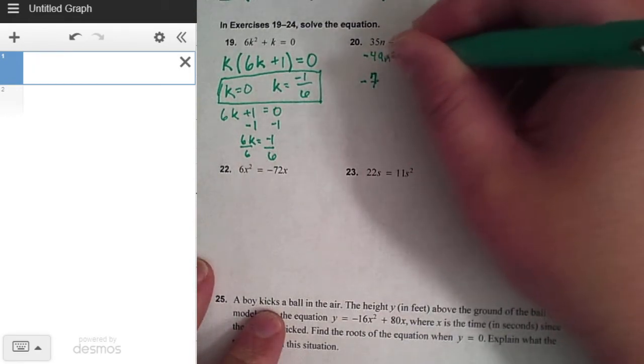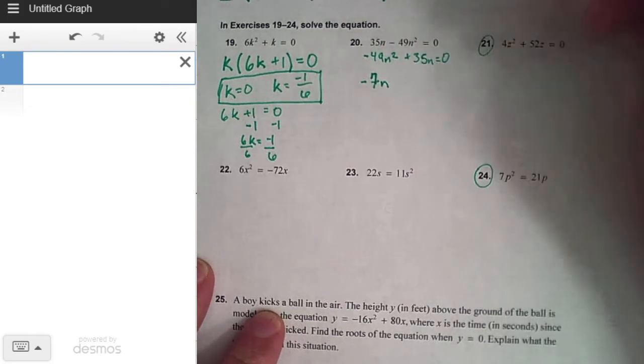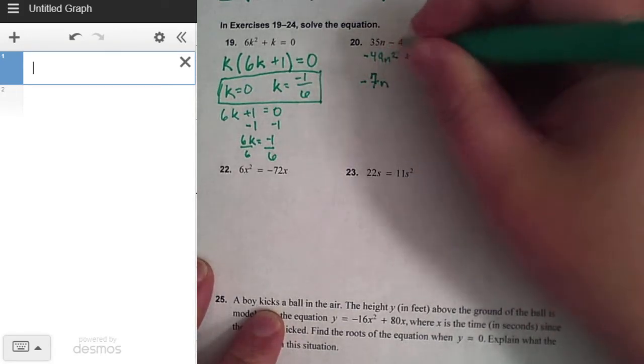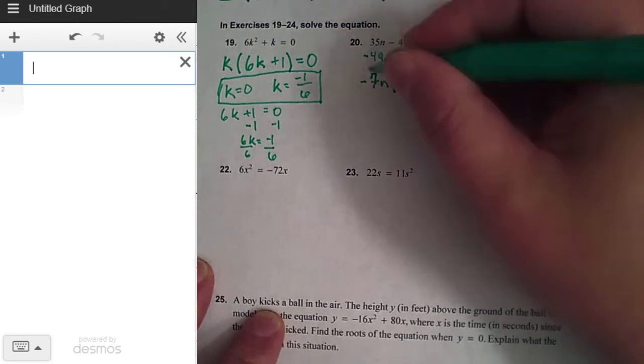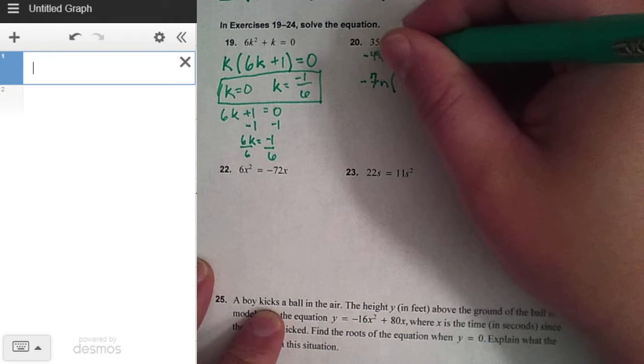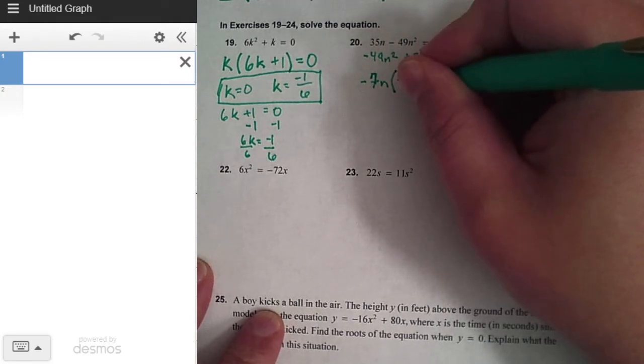So then I can see I have an n squared and n, so the most n's I can factor out of both is just one of those, an n. So then we're looking at negative 7n times what is negative 49n squared? Well, that would just be 7n.